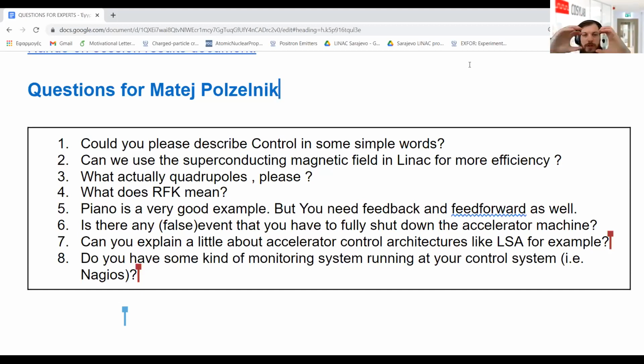A bunch that is elliptical is focused to a more circular pattern, and you put them together.